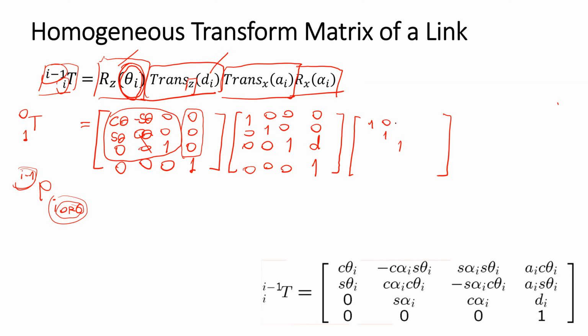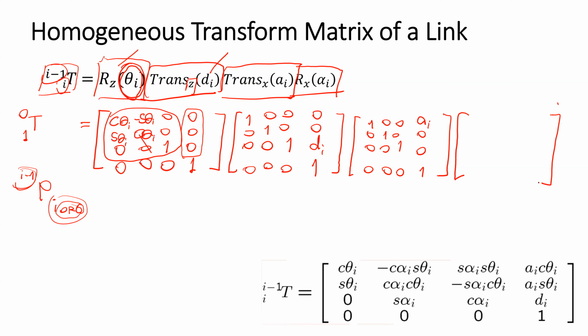So the rotational matrix will be like this, with 0, 0, 0, and 1. And for the translation in the x-axis, we have a_i.